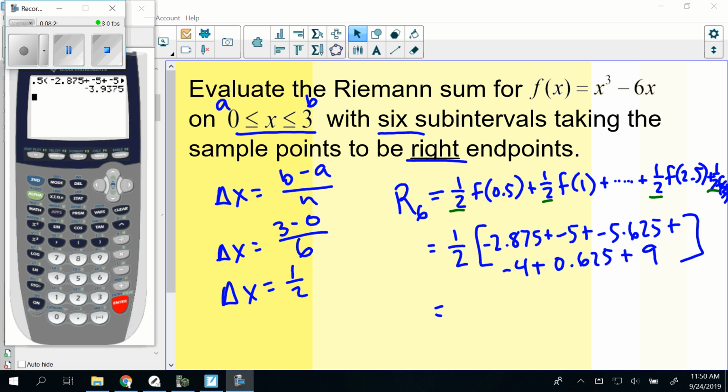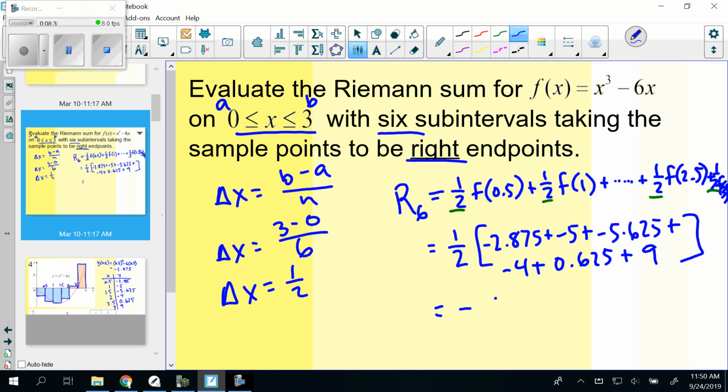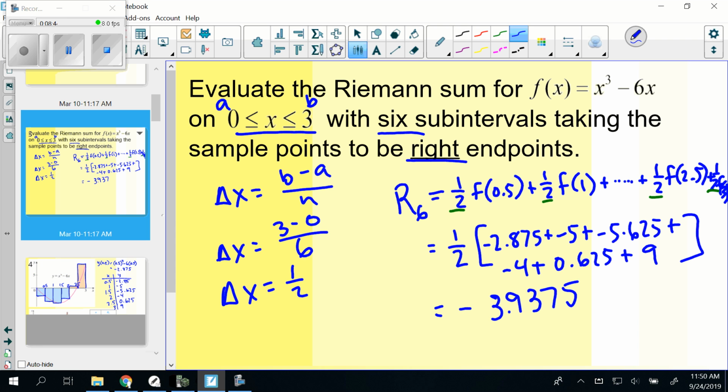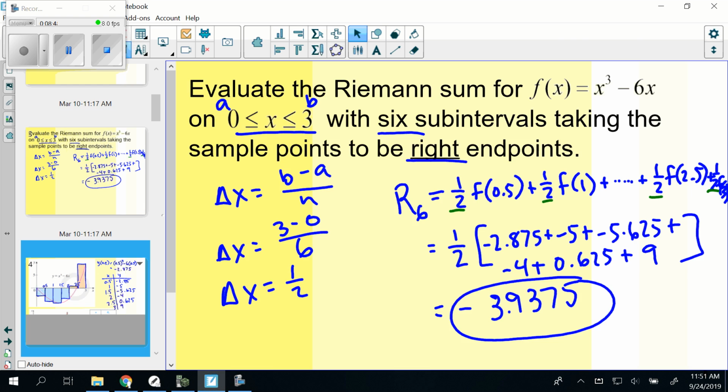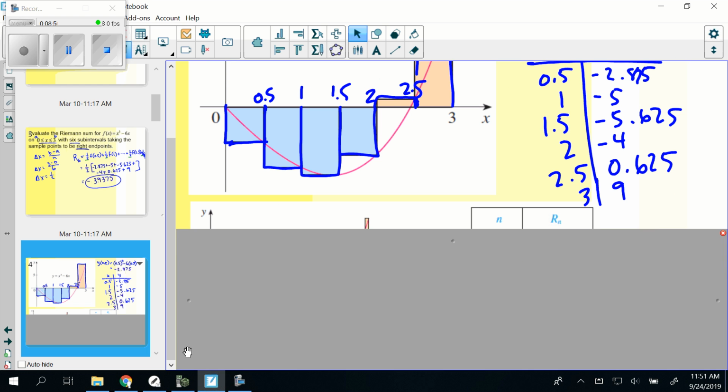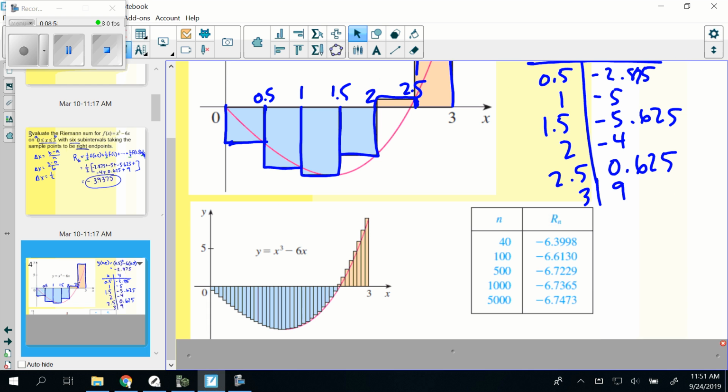I've entered this in on the calculator over here and calculated it out. It ends up being that our approximation of the net area is negative 3.9375. It is going to be negative because most of our area occurs below the x-axis compared to just the little positive part on the right. We could repeat this process with more rectangles to get a more accurate estimate.